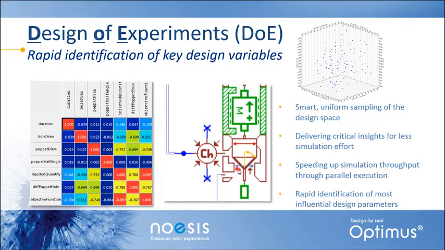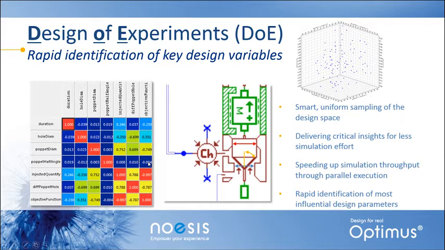What the user found by changing these four variables that are highlighted with these arrows, and they're listed over here, the hole diameter, the poppet half angle, and the duration that it's opened, was that for the three responses, the poppet half angle had almost no influence on the responses.